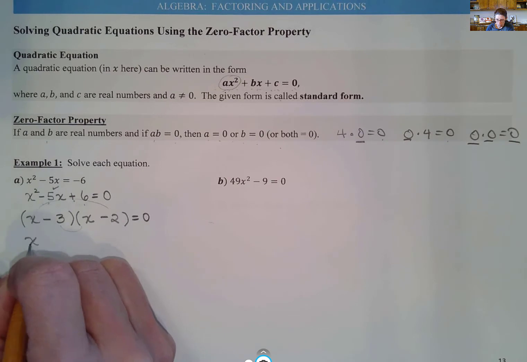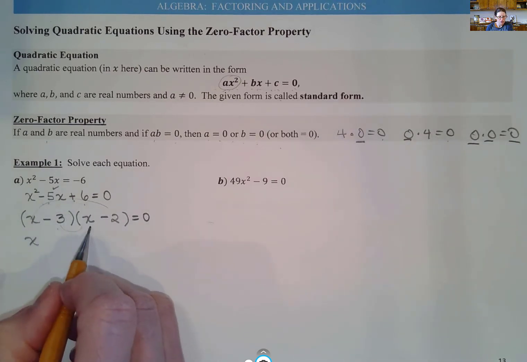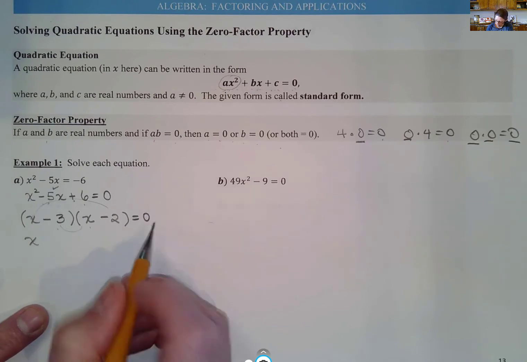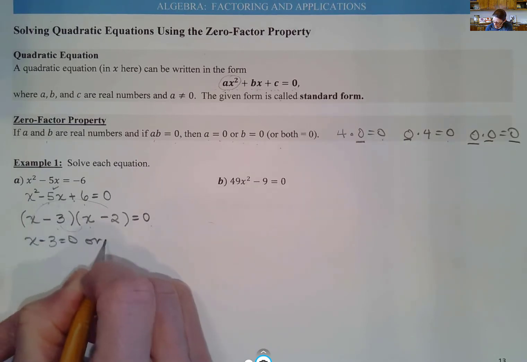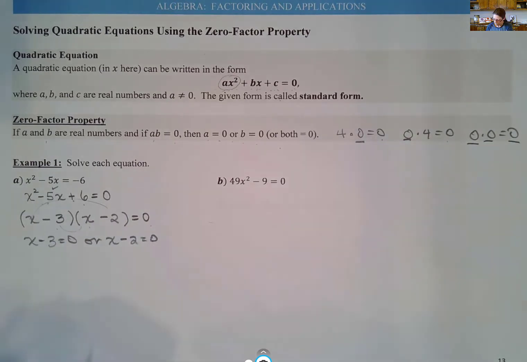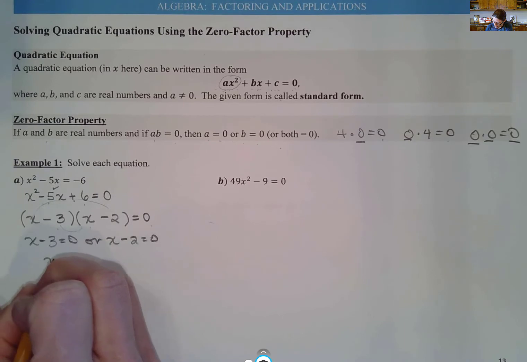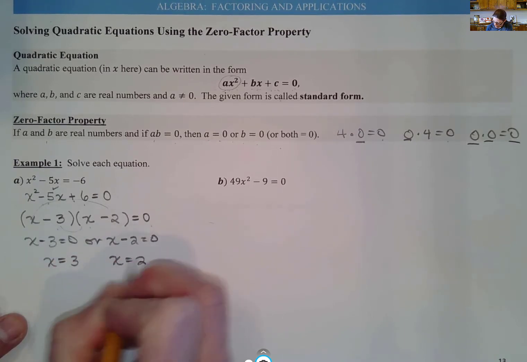Now we use that zero-factor property. If the product x minus 3 times x minus 2 is equal to 0, then x minus 3 is 0, or x minus 2 is 0, or both. And now solve each linear piece. X is equal to 3, or x is equal to 2.